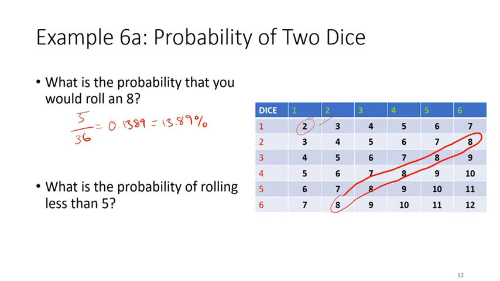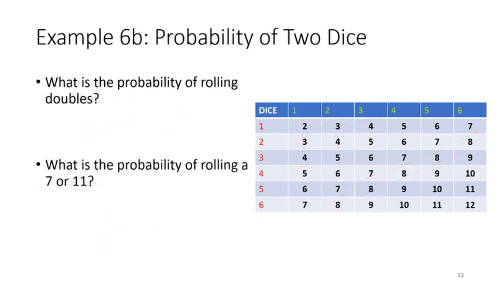And so there's 1, 2, 3, 4, 5, 6 ways you can roll a number less than 5 out of 36 possible outcomes, which is 1/6 or 0.1667 or again 16.67%.